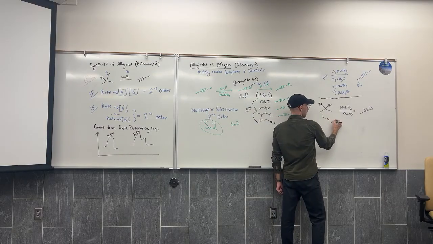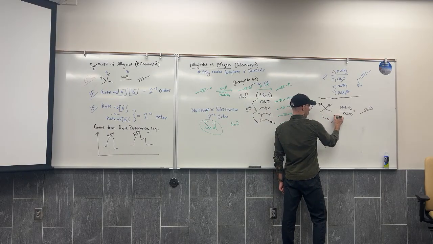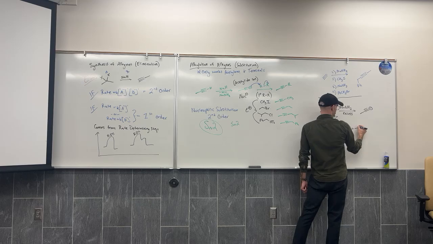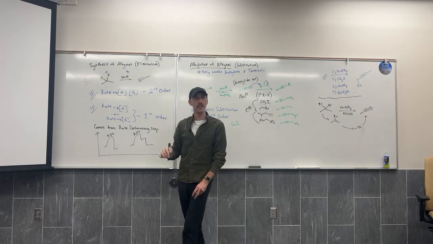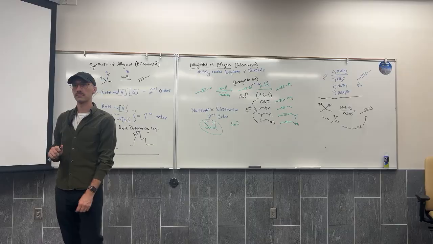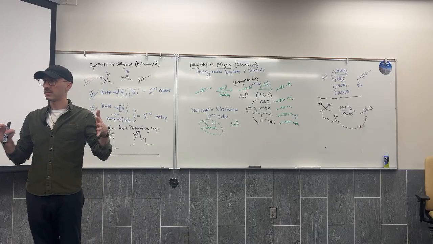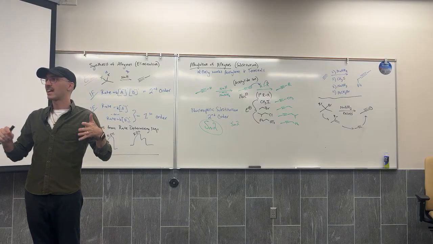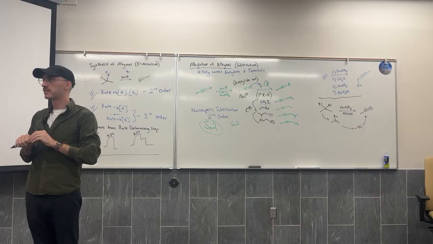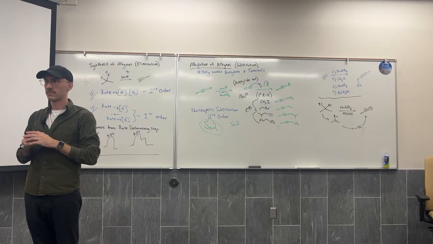First, one equivalent does one elimination. Then the second equivalent does the other elimination. Then the third equivalent deprotonates. You guys okay with this? Because there's an excess amount of that base. Yep.